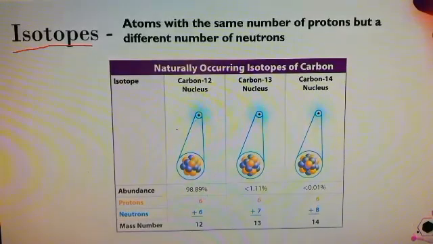Ayan. So for example, meron tayong carbon 12, 13, and 14. Sa carbon 12, ang neutrons niya is 6. So 6 plus 6, ang mass number niya is 12. Sa carbon 13, meron siyang neutrons na 7. So meron siyang mass number na 13. And sa carbon 14, we have 8 neutrons. So ang magiging mass number niya ay 14. So ganun yan.